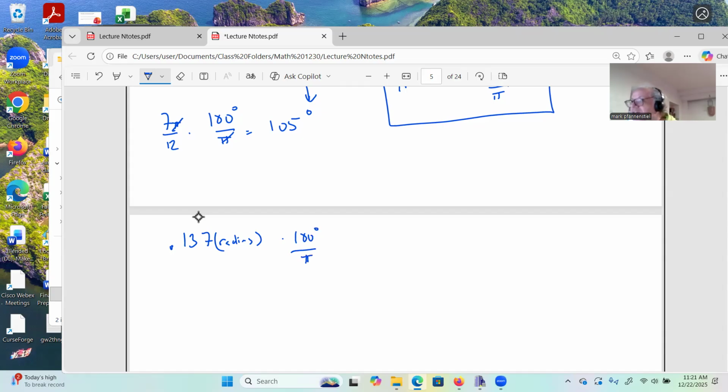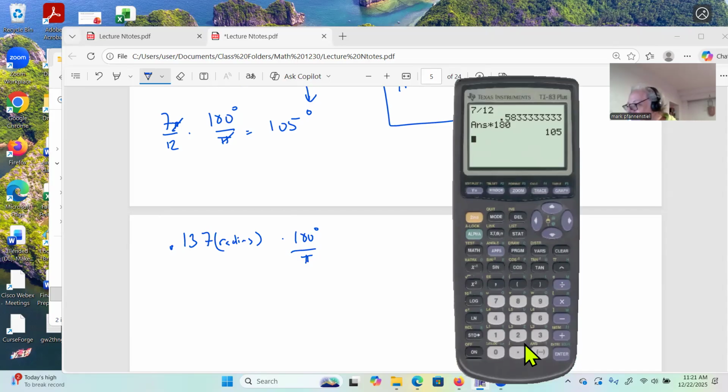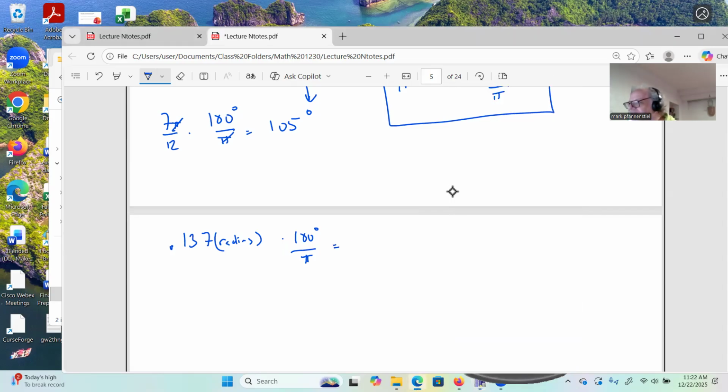There's no pi's for me to cancel, so I actually need a calculator here. 0.137 times 180 divided by pi, and that's going to be 7.85 degrees.